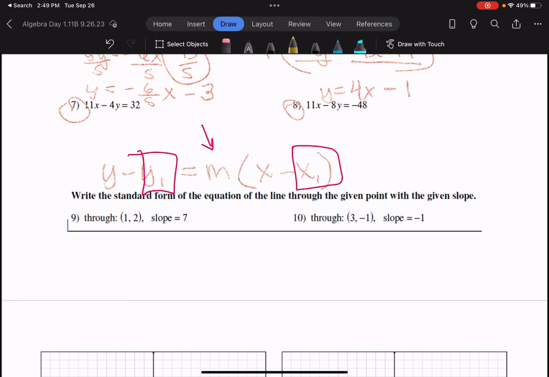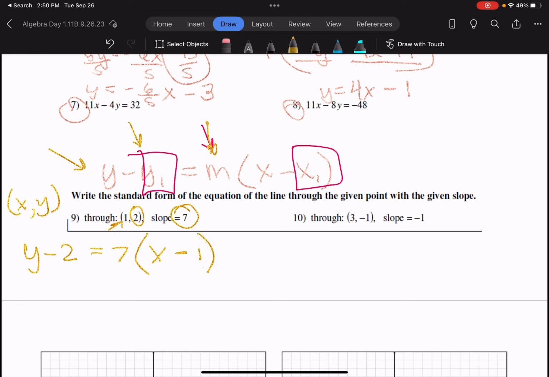So let's take a look at this as an example. Using this equation, I'm going to substitute y sub 1 here. This is the y value because we write our values as x comma y. So I'm going to start with y minus 2 equals, slope is 7, so 7 is being replaced here for the m, times x minus x sub 1 is 1.